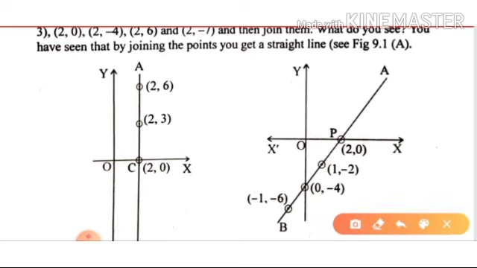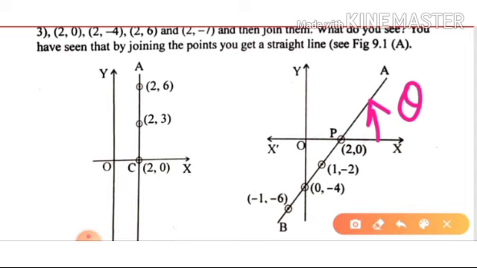If you look here, this is the positive direction of x-axis, and if you take this as theta, then theta will be the angle of inclination of this line AB. This is the negative direction of x-axis, the clockwise direction. We will not be discussing the negative direction of x-axis. So the angle made by a straight line with the positive direction of x-axis is the inclination of the line.